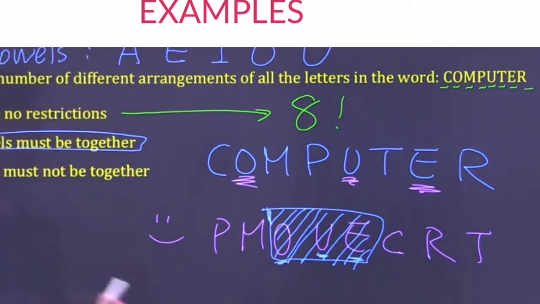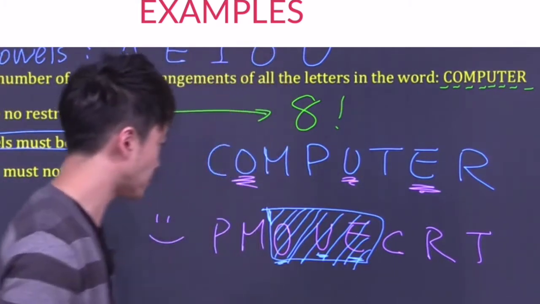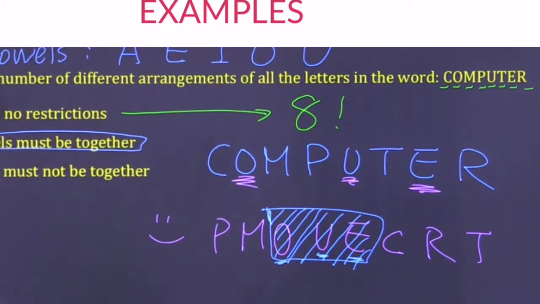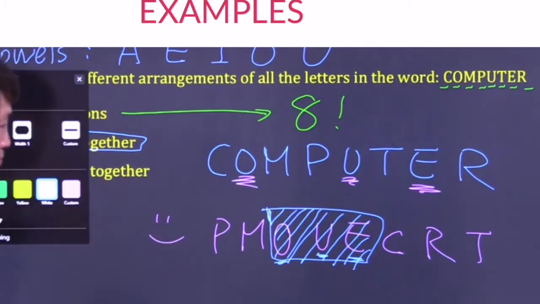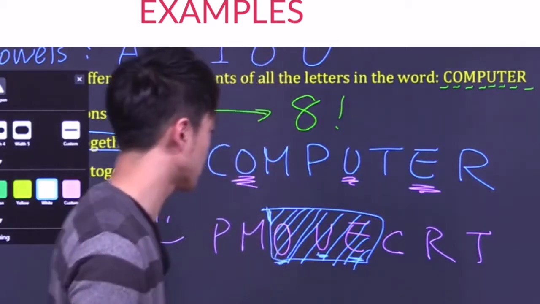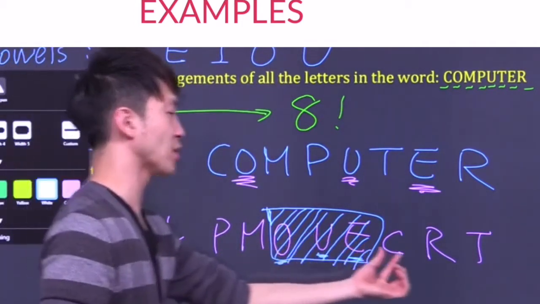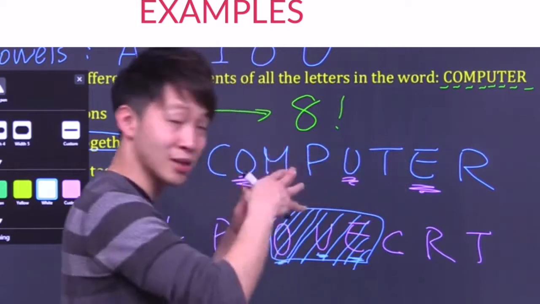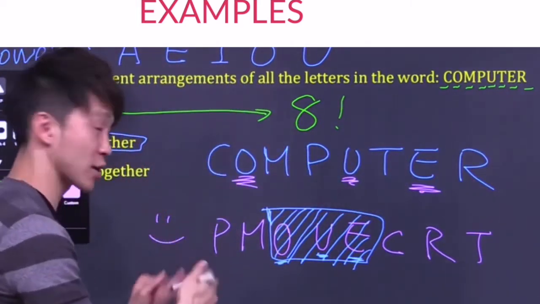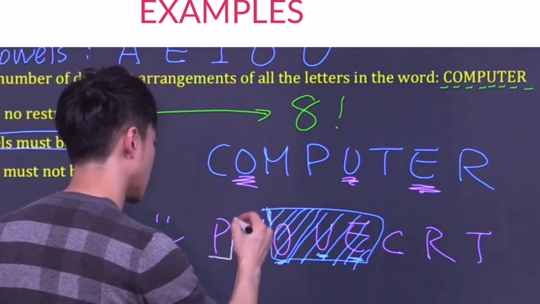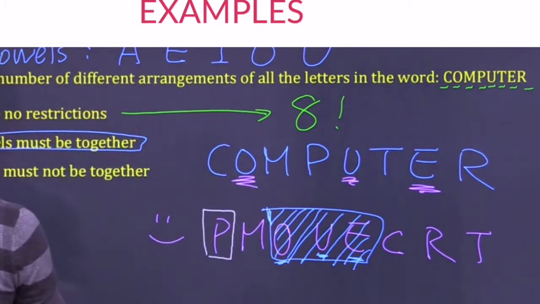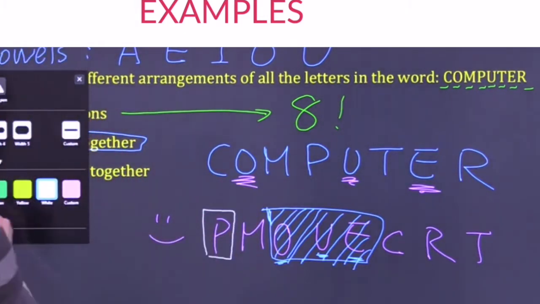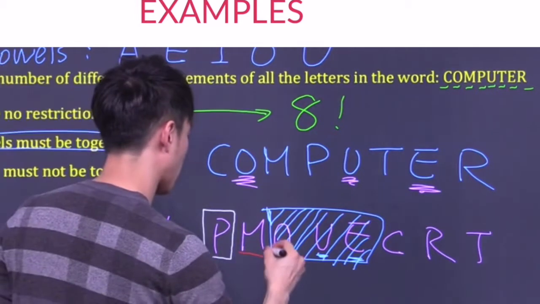And then, guys, this is what I want you to do. I'm going to put the rest of the letters in an individual box. So I'm going to put P in a white box. I'm going to put M in a red box.